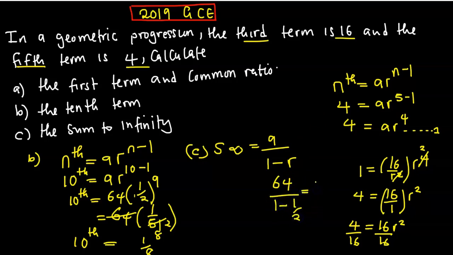That is 64 divide 1 over 2, since 1 minus half is 1 over 2. Now this one is just the same as 64 multiplied by 2, or you can divide 0.5 here. And of course this one gives us 128. So this is the sum to infinity. That is how you work it out. So we've answered this question fully.